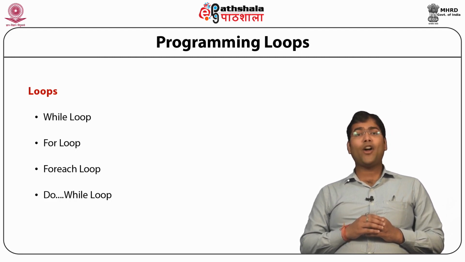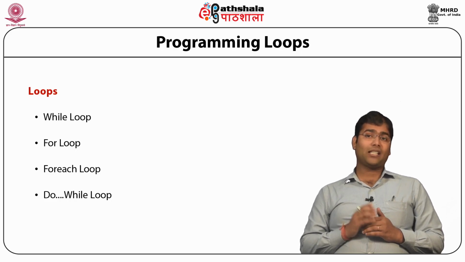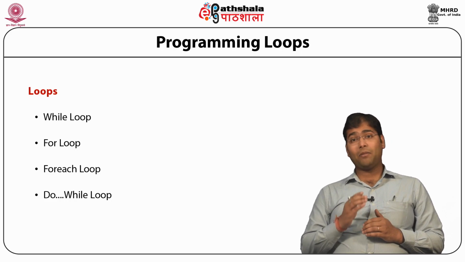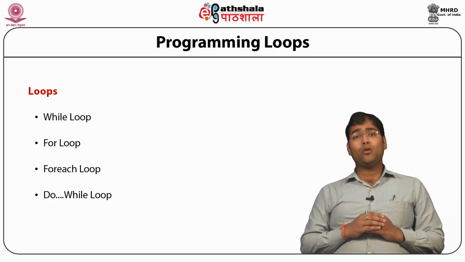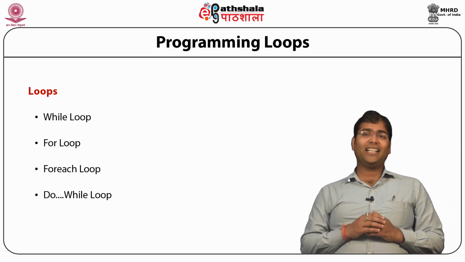The third loop is the foreach loop. The foreach loop iterates over a normal list value and sets the variable var to each element in the list in turn. The last loop, that is the do while loop, is like a while statement except that it tests the condition at the end of the loop body.